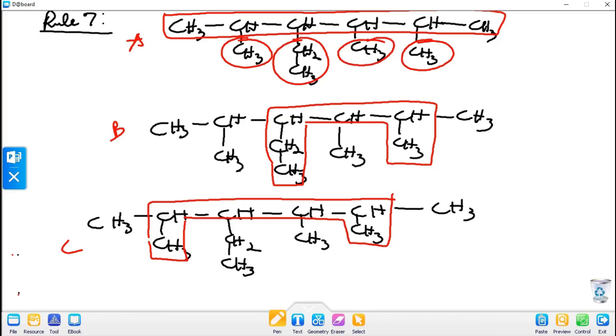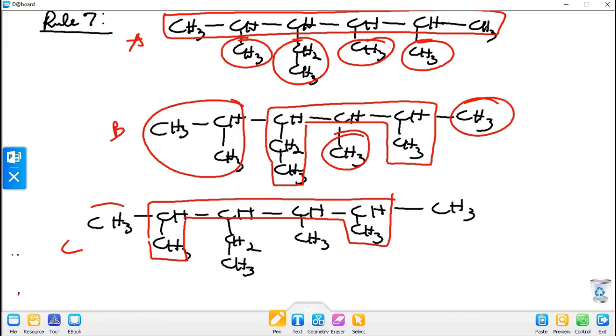For student B, he has taken the bent shape, the table shape or the U shape as his parent chain, and he's having something like the iso compound as parent chain, 1 side chain, 2 side chains, and 3 side chains. Now look at student C. He has side chain 1, side chain 2, side chain 3, and side chain 4.